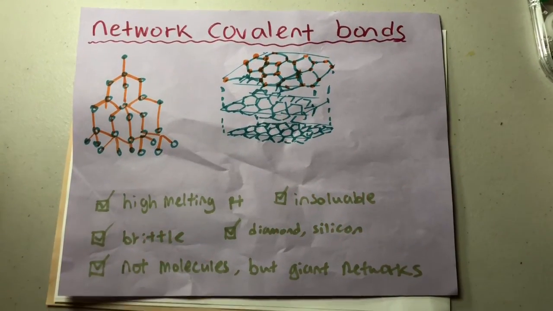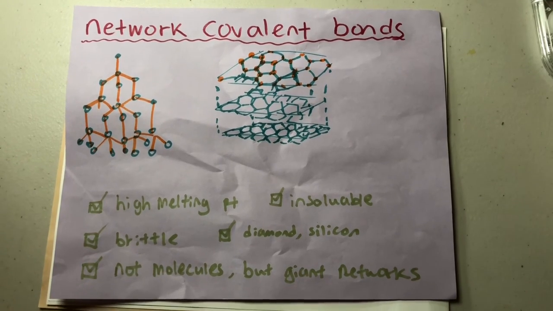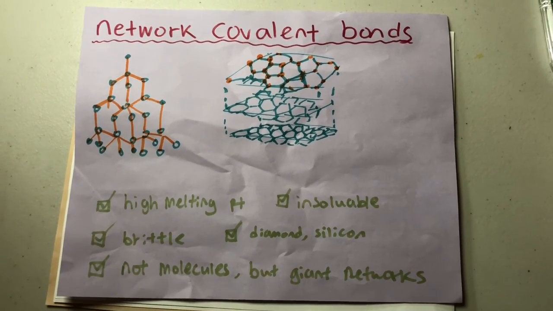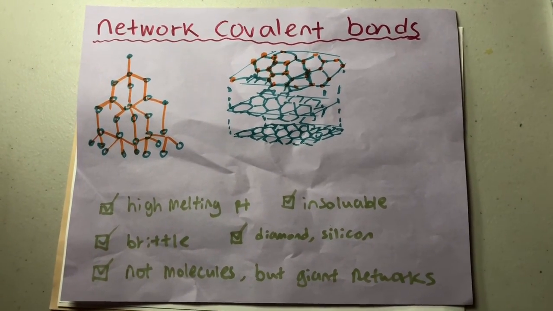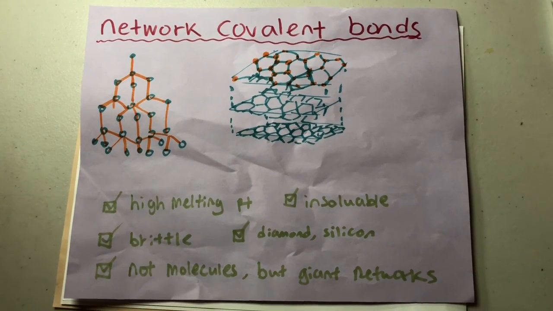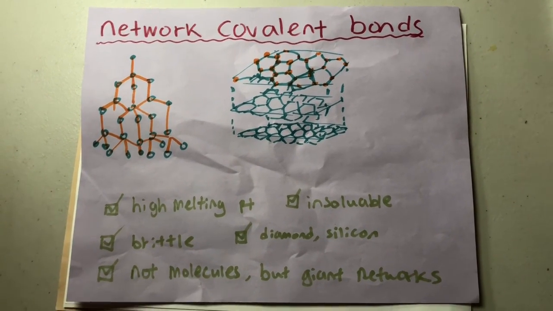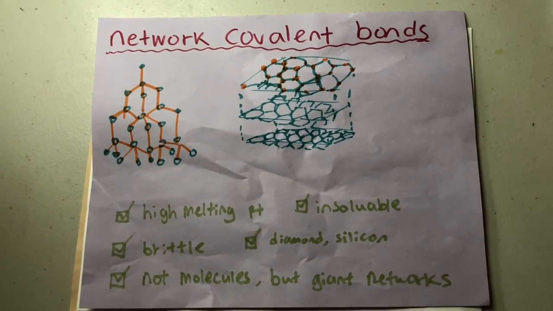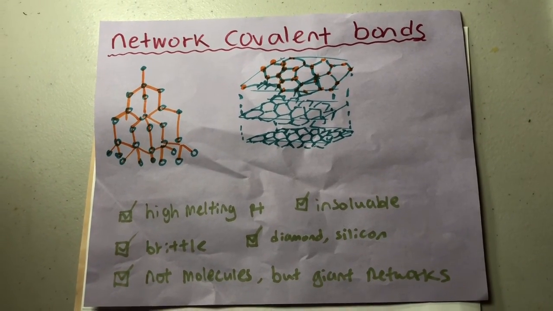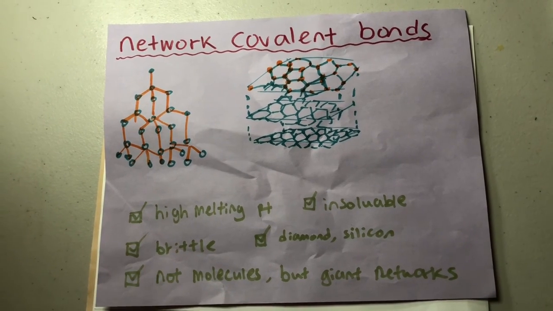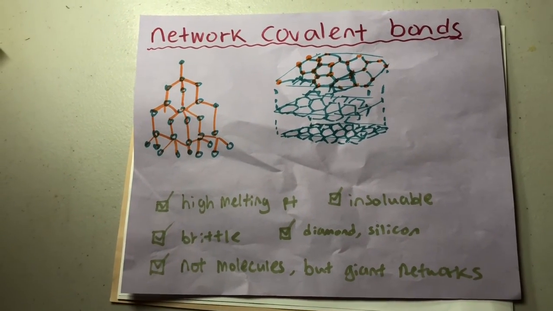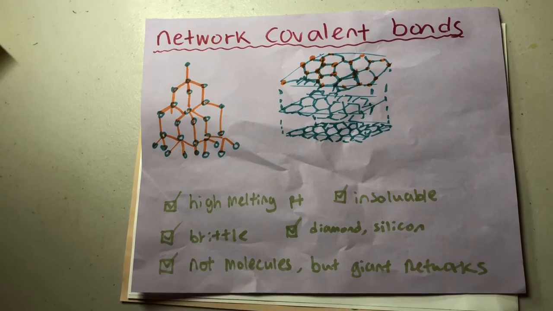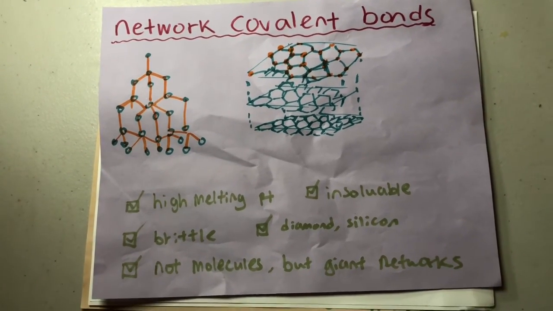The next type of bonds are network covalent bonds. A network solid or covalent network solid is a chemical compound in which atoms are bonded by covalent bonds in a continuous network extending throughout the material. In a network solid, there are no individual molecules. Therefore, network covalent bonds are extremely hard to break and are insoluble.